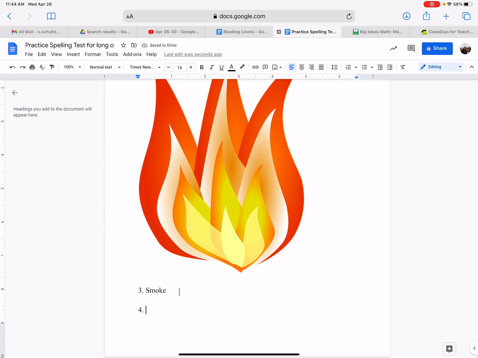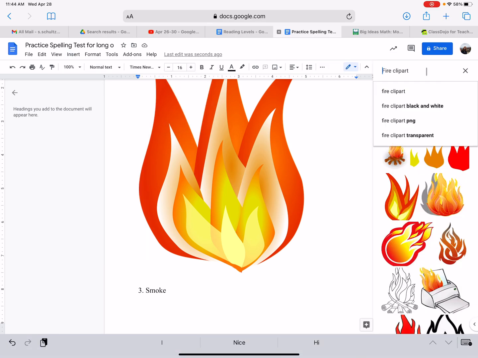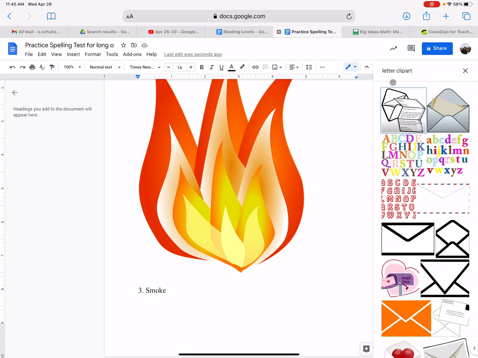And after smoke, it's going to be note. Miss Schultz loves to receive notes from her students.